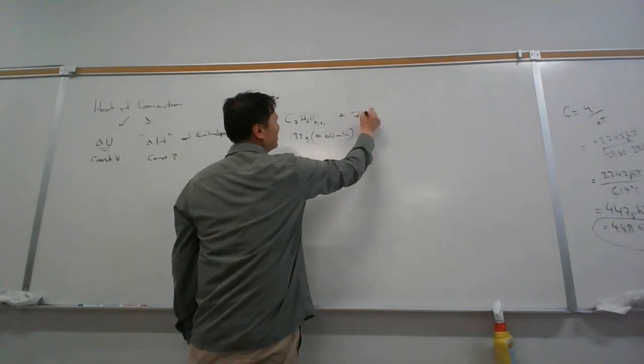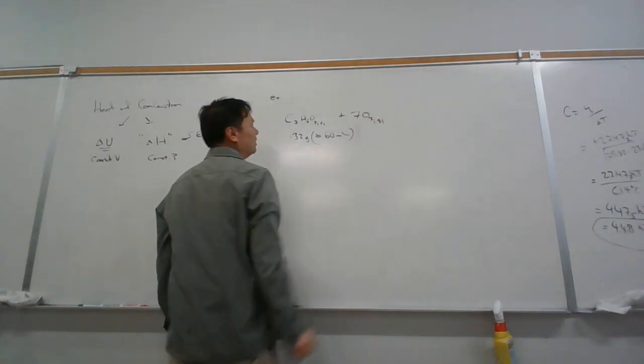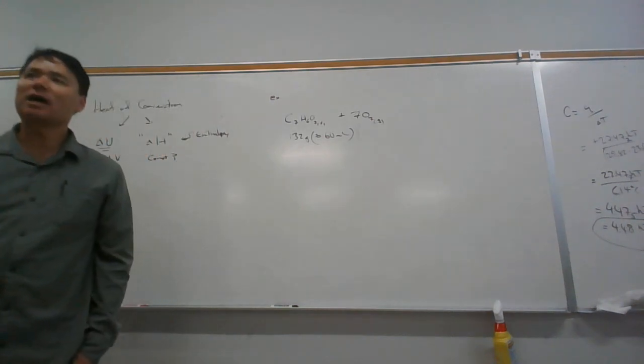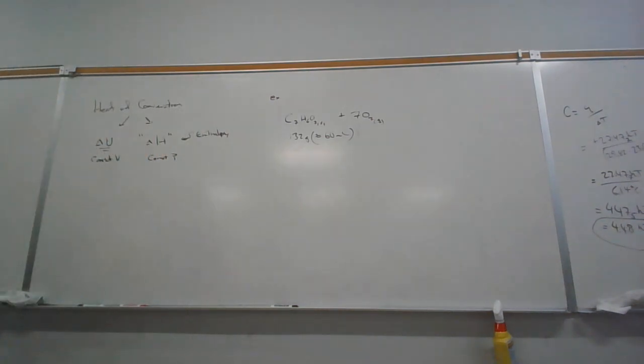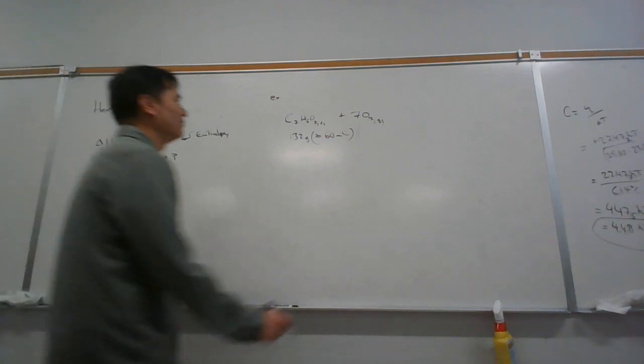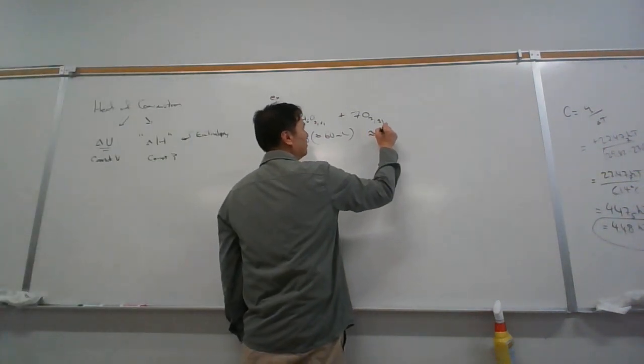Plus 7 moles of O2 gas. 7 moles of O2 gas is roughly how many liters? 175 liters.